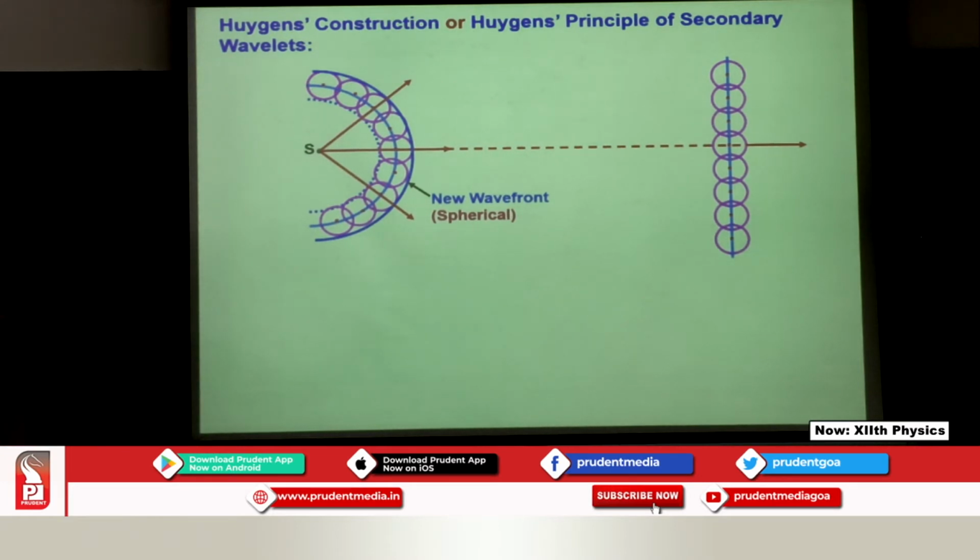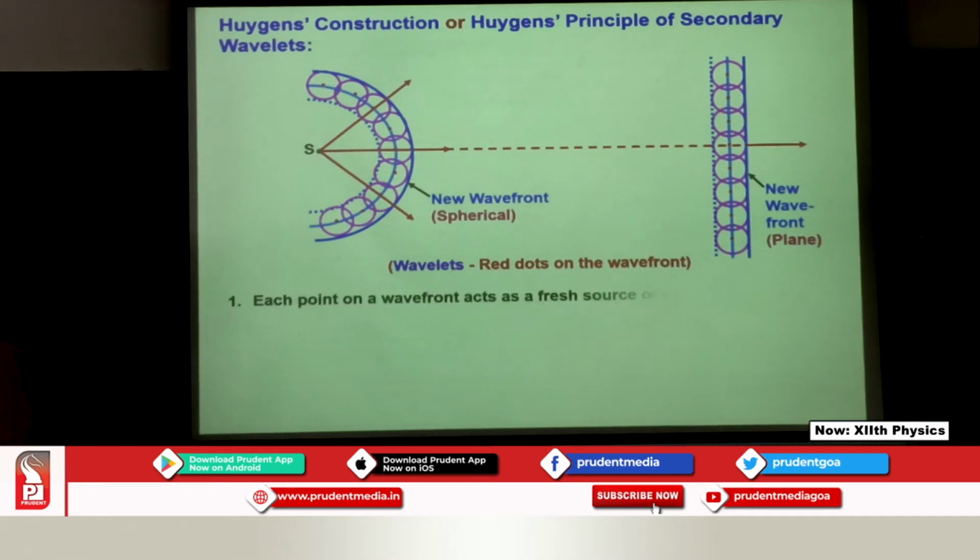You see only a part of a circle, which looks like a straight line. So this is a plane wavefront. The front one we make as a straight line, and the back side we put as dotted ones. So this is a new wavefront, a plane at a distance from the source.